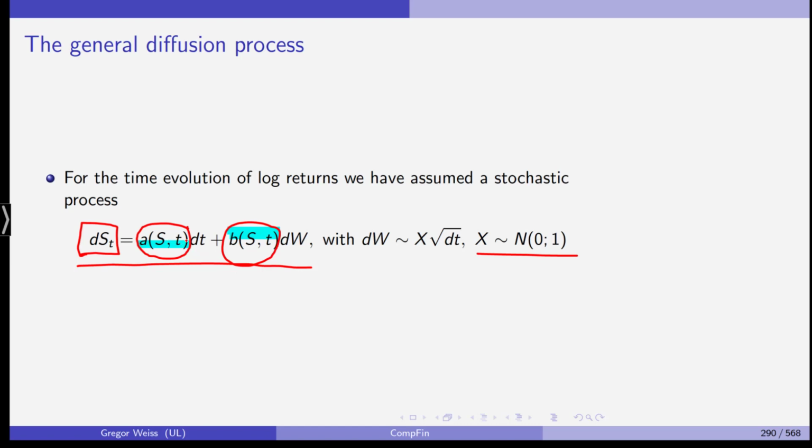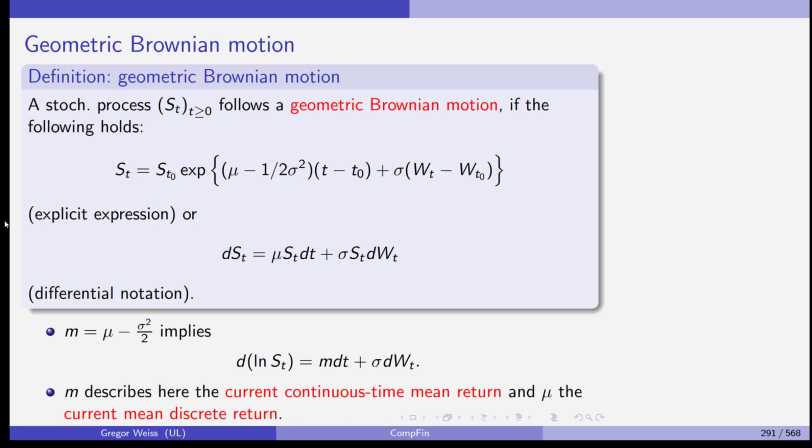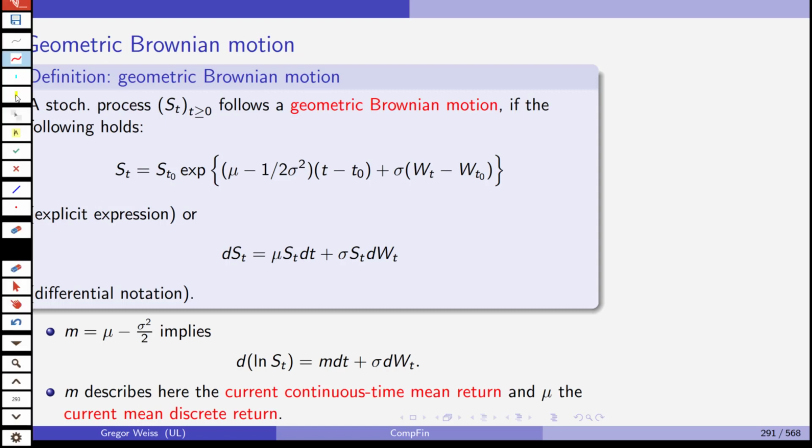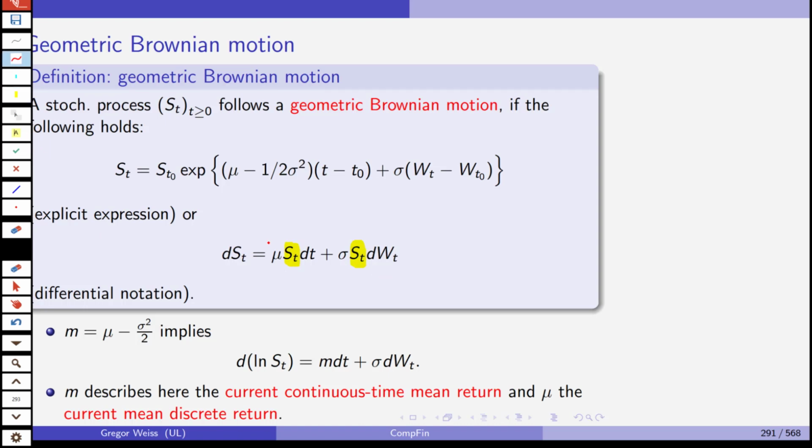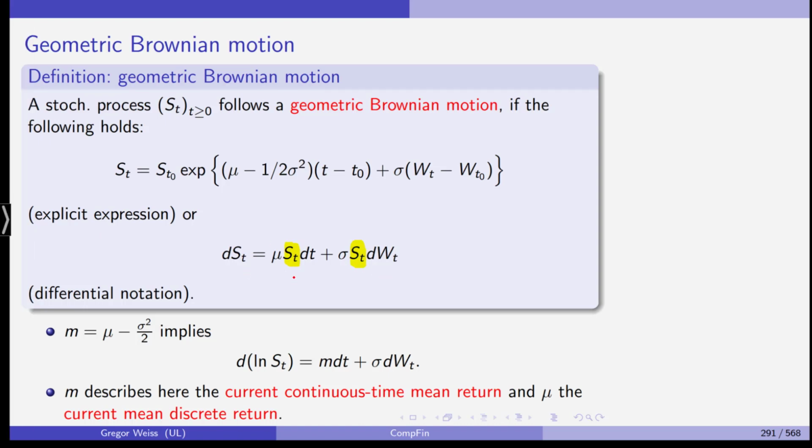And if we now add the stock price itself, or the process itself, at this point here and here, we get a geometric Brownian motion in differential notation. So this is the same as before. We have a constant mu and a constant sigma. And if we now multiply this with the process itself, we get a geometric Brownian motion.